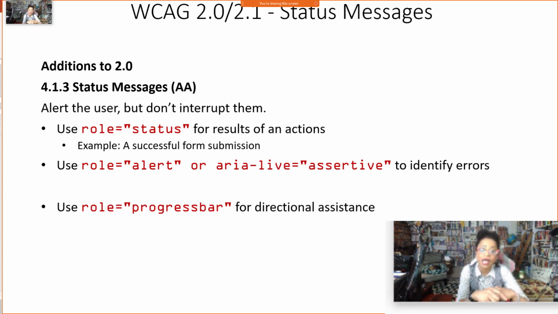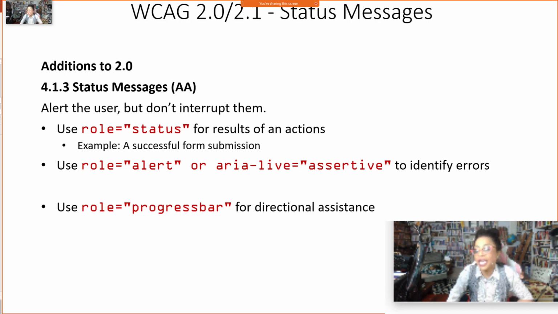The ARIA Live region role of status has an implicit ARIA Live value of polite, which allows users to be notified via AT, such as screen readers, when status messages are included or popping up for them.